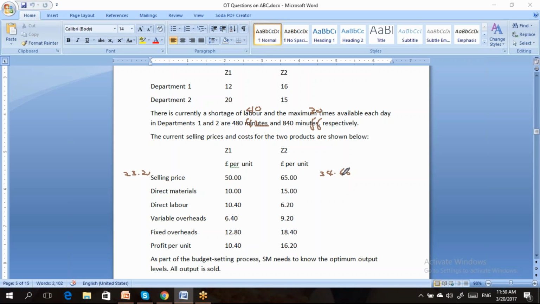But we know department 1 is our problem. Z1 takes 12 minutes per unit to produce. So we can find out contribution per minute now. 23.20 divided by 12 will give us the contribution per minute.